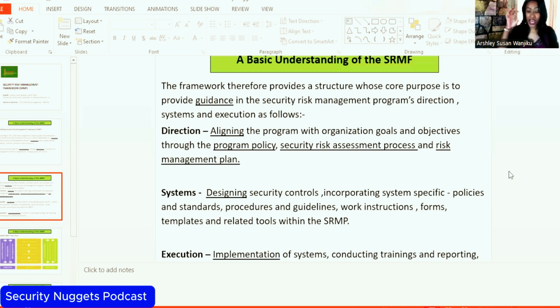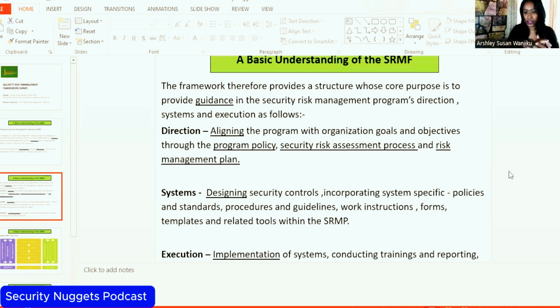That is where the program gets its direction on how it is going to move forward, of how the systems that are going to follow are going to be incorporated and executed, how execution of any security controls is going to be managed, and how those systems can be maintained, reviewed and monitored moving forward. So we start off by establishing the direction of the program, and that is now a component under the security risk management framework.